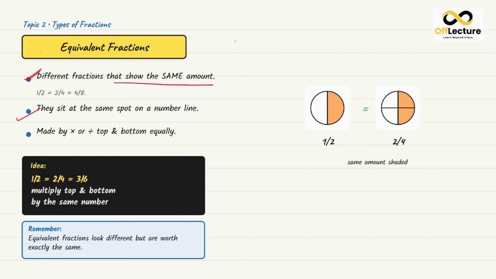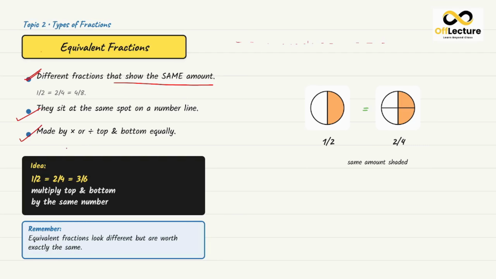If you want to point the fraction on the number line, they will come and sit on the same number, because we are making them by just multiplying or dividing the numerator as well as the denominator by the same number.